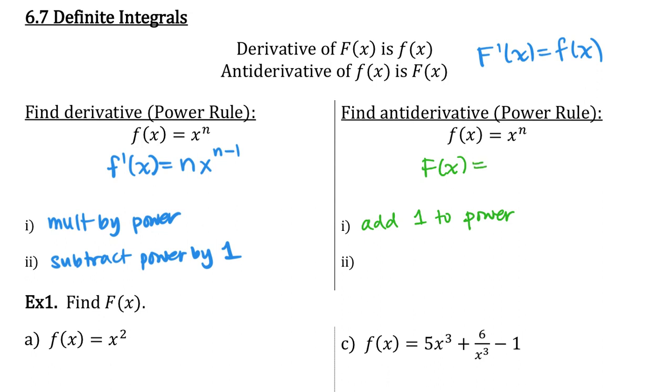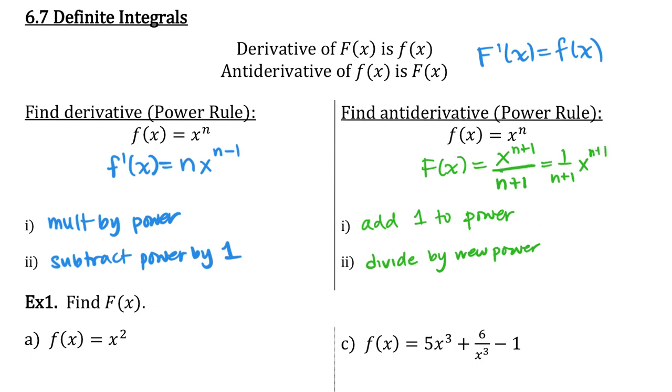So this is going to be x to the n plus 1. And then I had multiplied by the power when I took the derivative, so now I want to divide by the new power, which is really the power on the original function before I took the derivative. So I'm going to divide by n plus 1, or you could write this as 1 over n plus 1, x to the n plus 1.